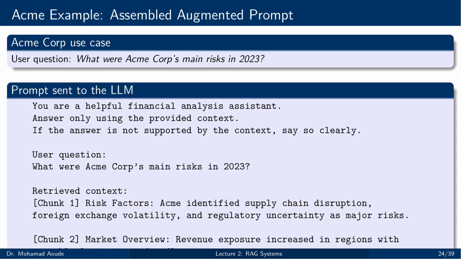The model is no longer trying to guess what risks a typical company might face. Instead, it is synthesizing the answer directly from evidence extracted from the relevant documents. That is the core value of RAG. Instead of relying mainly on the model's general background knowledge, we turn the answer into an evidence-based response tied to a specific document collection. In domains such as finance, law, policy, and education, that distinction is essential.